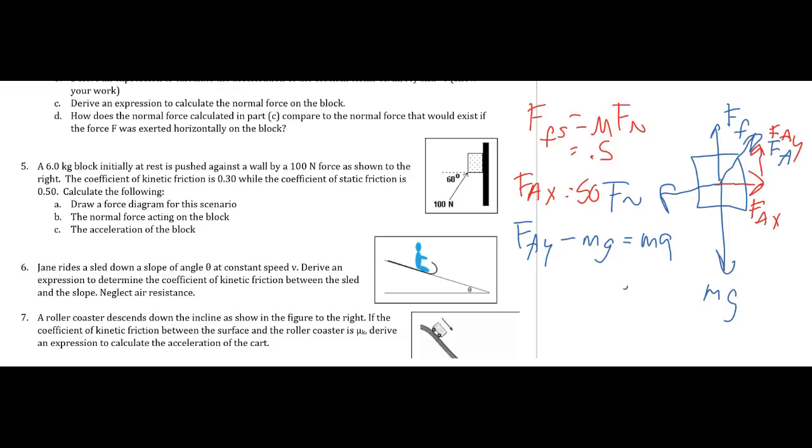Where is Fn? Well, Fn is in the x direction. Right? Is it accelerating in the x? No. So that means force normal here has to be equal to Fax, you can see I solved Fax here, is the same as force normal, and that is 50 newtons. So now force of friction static max will give me 25 newtons.